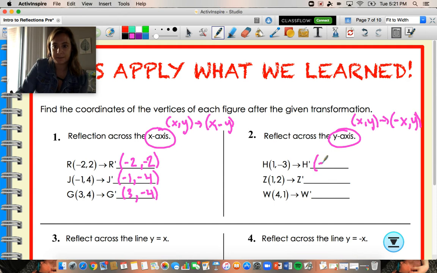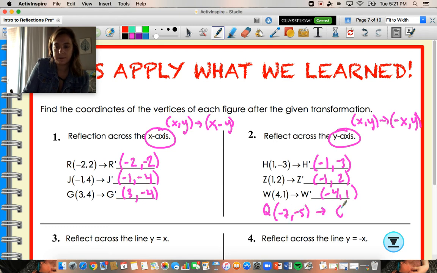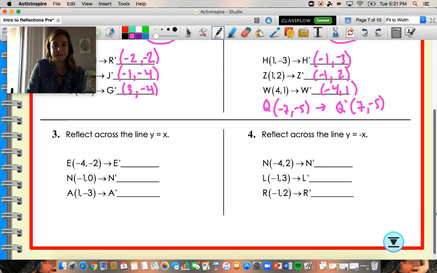So x becomes opposite: -1, -3, -1, 2, -4, 1. Let's say I gave you another point and it was -7, -5. Q prime is going to be 7, -5, right? So it's opposite. It's not that it's always going to end up negative. It might become positive. It just becomes the opposite sign.